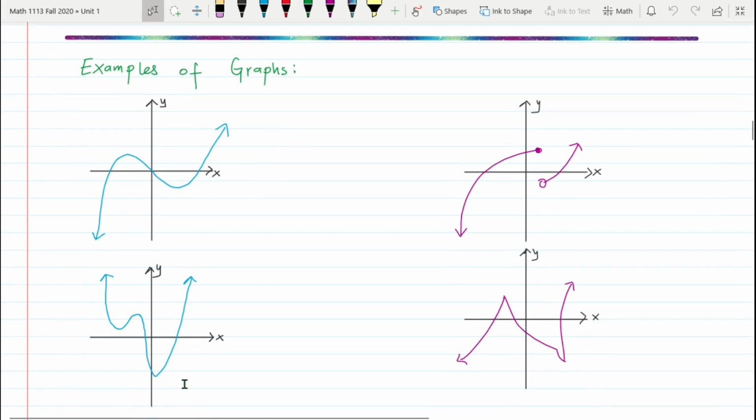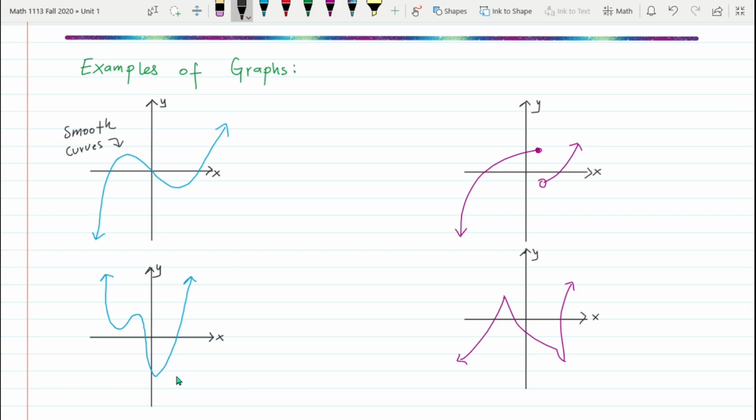Here are some examples of what we mean by the graph of a polynomial. So here on the first graph on the top left, this is what we mean by smooth curves. See how they're nice and rounded?